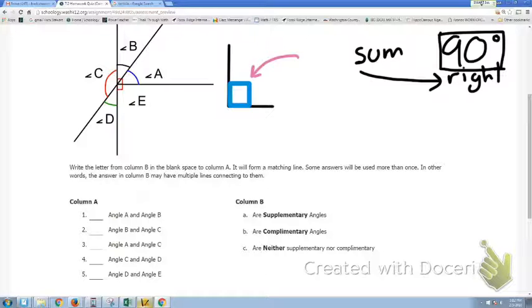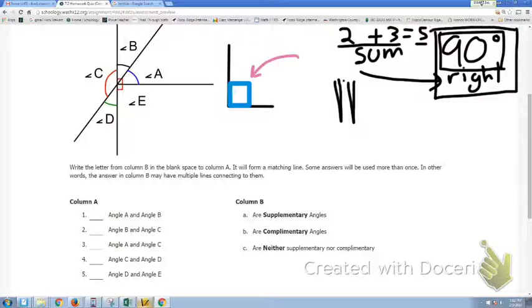A sum literally just means adding together. So if I said 2 plus 3, that equals 5, I would say the sum of these two numbers is 5. Now, if I had an angle that was 2 degrees and an angle that was 3 degrees, and I added them together, it clearly does not equal 90 degrees. So I would say that these two angles are not complementary.